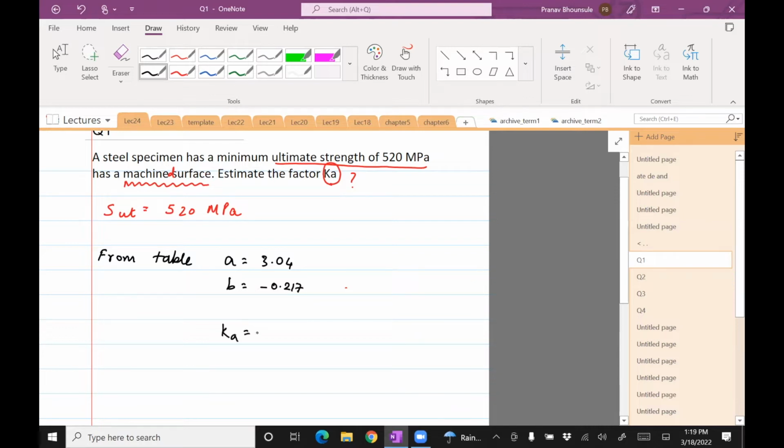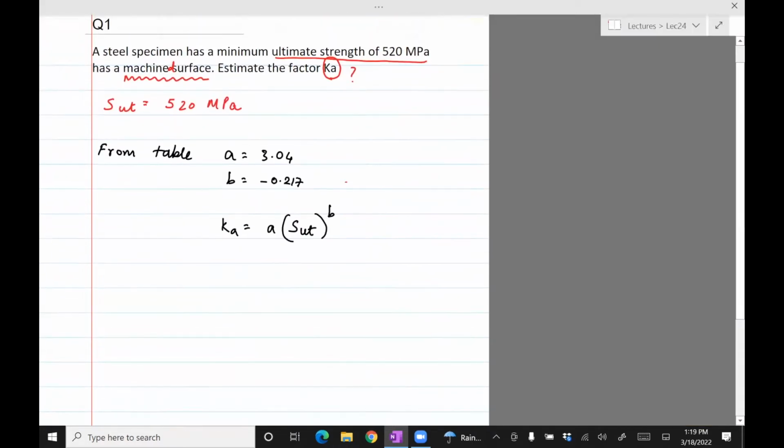So Ka equals A times SUT to the power of B, which is 3.04 times 520 to the power of minus 0.217. So Ka is 0.78. Just saying that 0.78 is almost like 0.75, which is 3/4. So it decreases by a factor of about 25%, just by machining the surface. That's the answer.